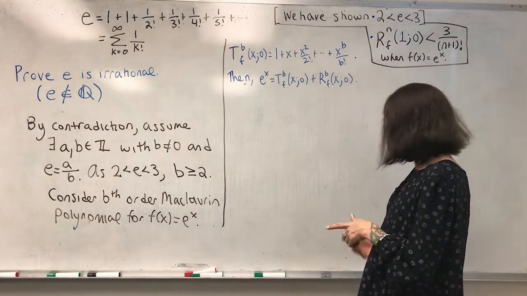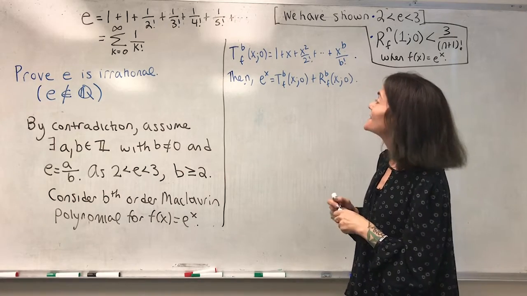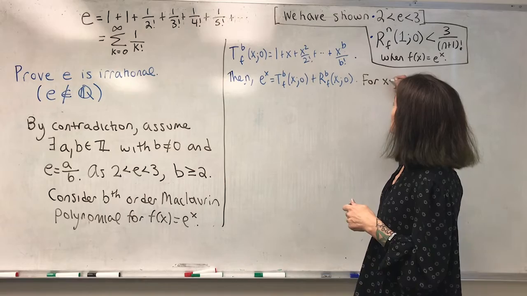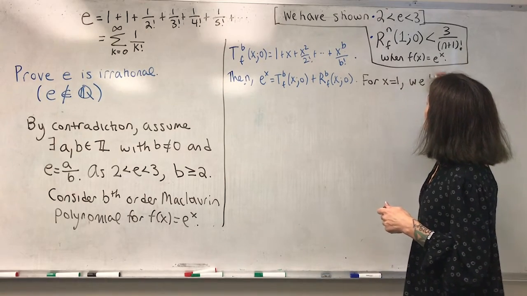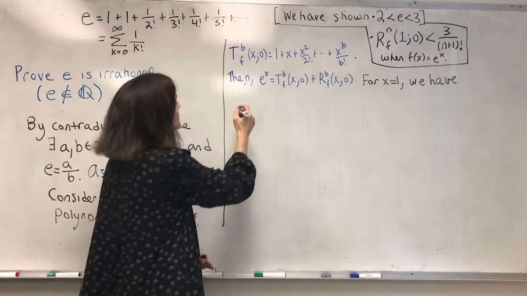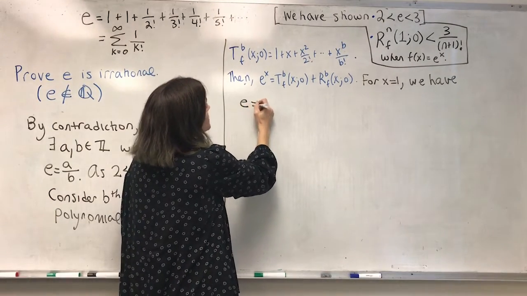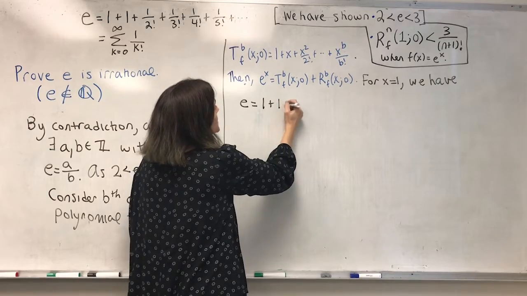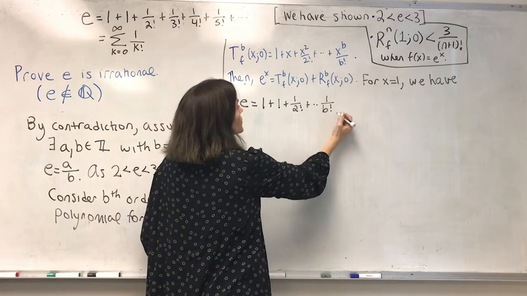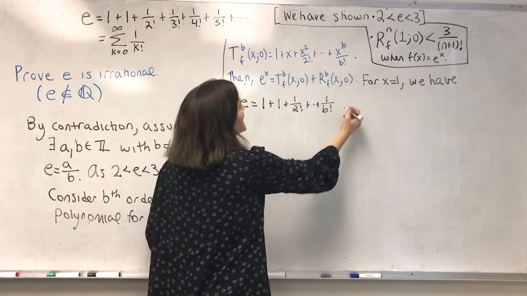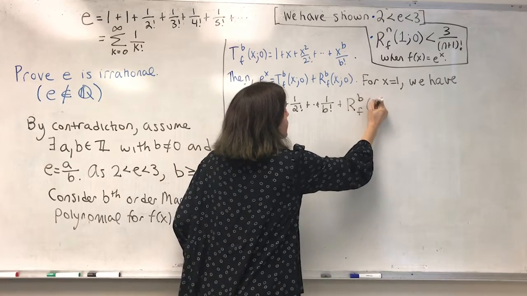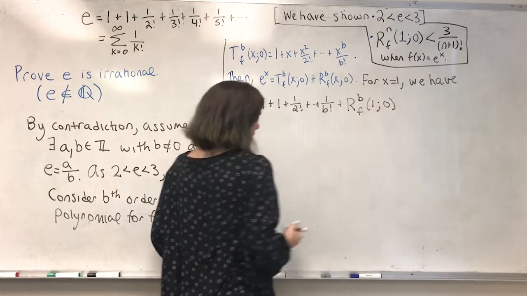Okay, now let's go back, and maybe I will switch back to black. Let's go back to x equals 1. We have, well, that e is equal to 1 plus 1 plus 1 over 2 factorial out to 1 over b factorial, plus this remainder at 1, okay?